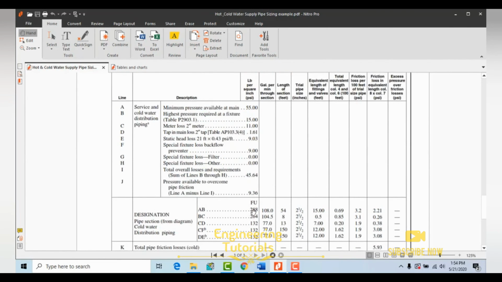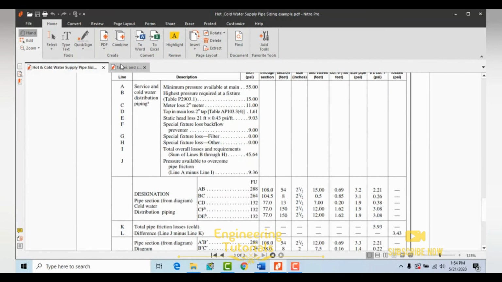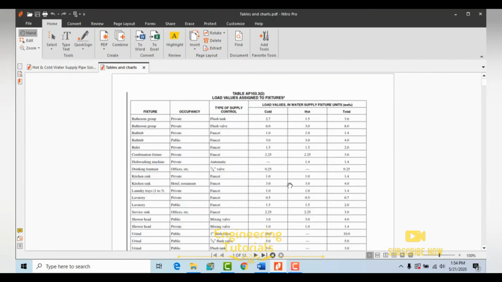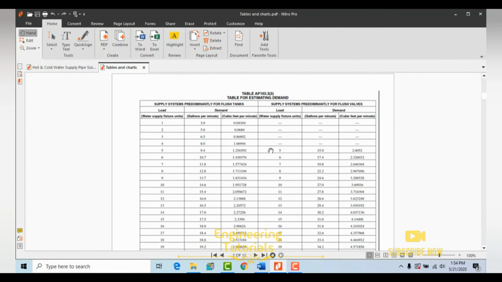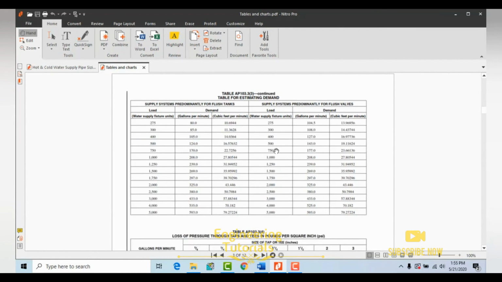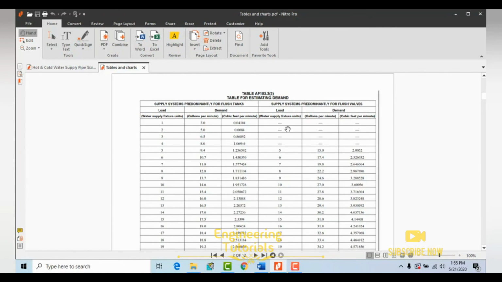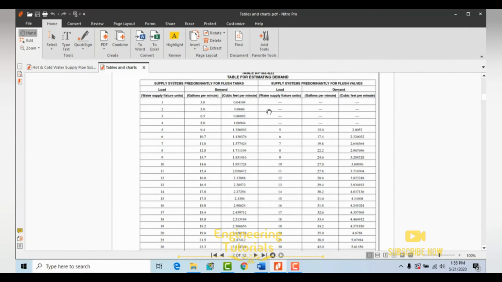So 288 fixture units, then 264. Let's move to the tables and charts over here, and we are going to use this table, 103.3. As you can see, this is the load demand for flush tanks, and this is the load demand for flush valves.